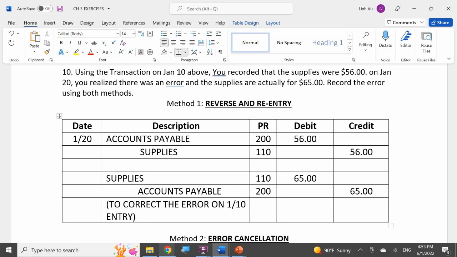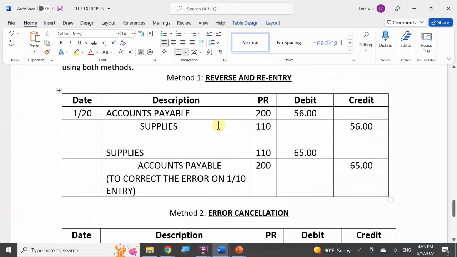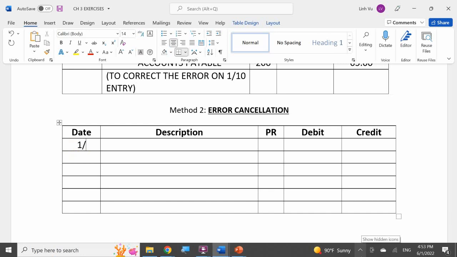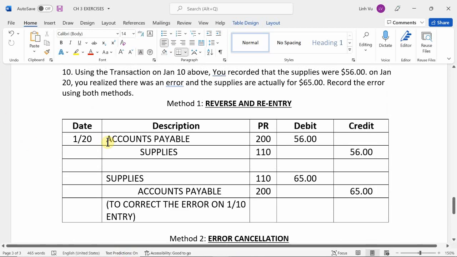Okay, good. Let's quickly practice the error cancellation. If I decided to choose the error cancellation method, how would I fix this error?